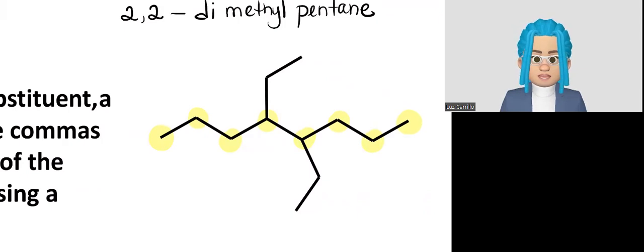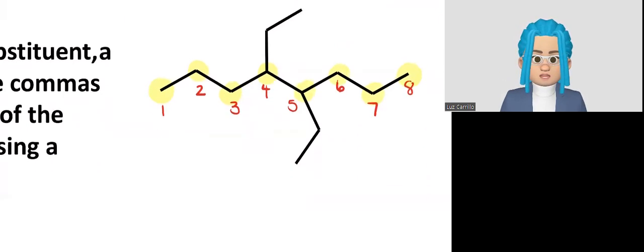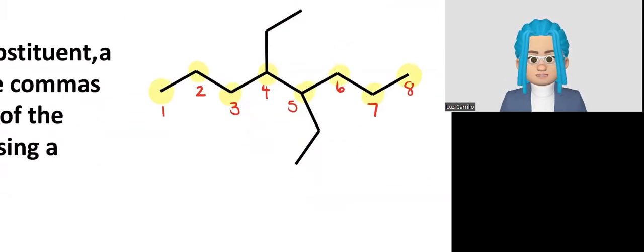We have to start numbering from the end that is nearest a substituent. In this molecule it is going to be left to right. 1, 2, 3, 4, 5, 6, 7, 8. So our parent chain name is going to be octane.